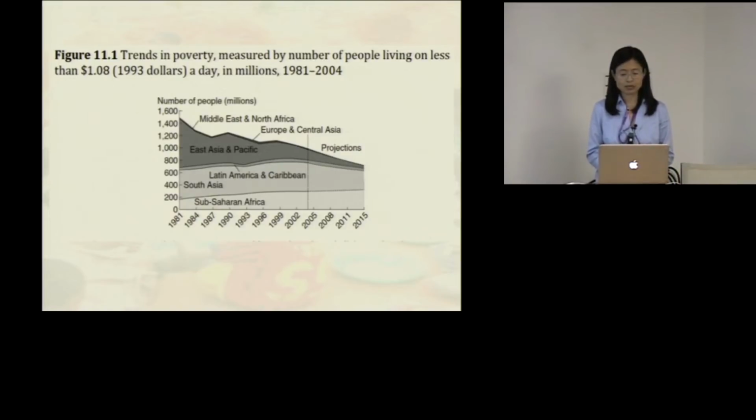You can see from this figure that some regions are doing pretty well in reducing the poverty during this period of time, such as East Asia and the Pacific. But some other regions have a little bit of problem. We need to help them. One region is Sub-Saharan Africa. Another one is South Asia. But in a global level, you can see the world poverty is reducing.